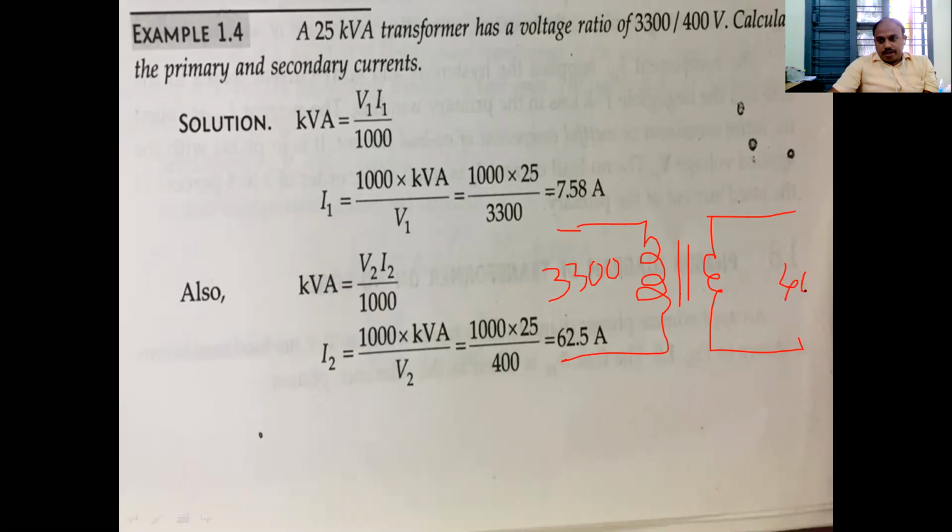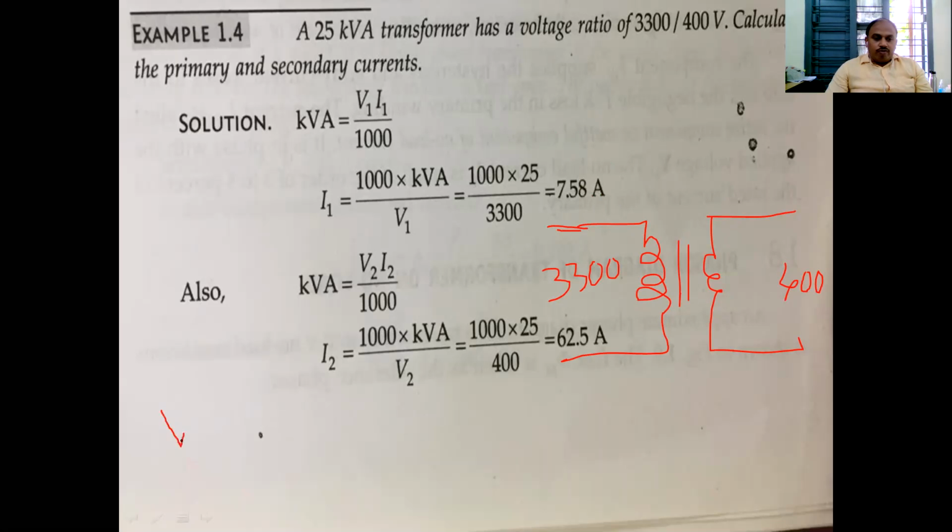That means this is a step down transformer. The transformer rating is 25 kVA, and this rating is common for both windings. So the primary power rating is equal to the secondary power rating in the transformer. The kVA rating is given as 25 kVA.